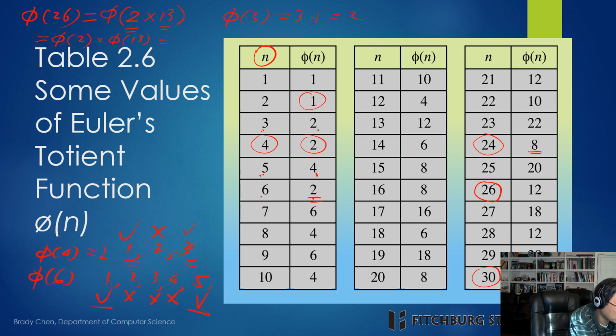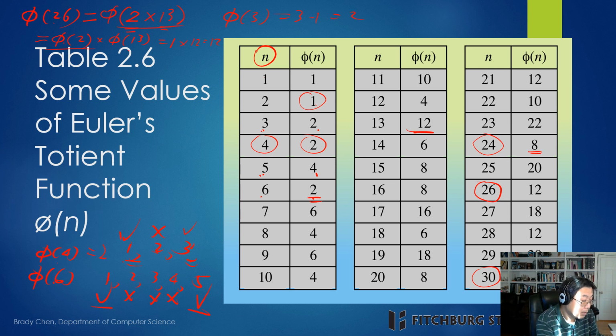What is phi of 13? Because 13 is a prime number, phi of 13 is 13 minus 1, 12. So it's 12. So if we know certain properties of the number, so we can factor the number into the product of two prime numbers, then we can calculate the Euler's totient function very easily.